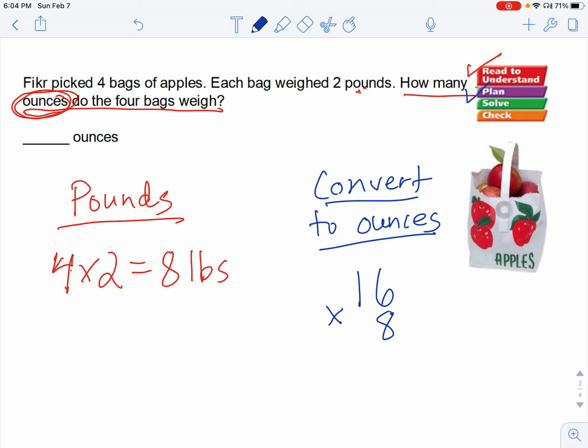So I'm going to do 16 times 8, or you could look back on the conversion scale, but let's just do it this way. 6 times 8 equals 48. Put down the 8, regroup the 4. 8 times 1 is 8, plus 4 more, 12. So in total, it's 128 ounces. So as you work today, be careful to pay attention to your units and enjoy practicing your conversions.